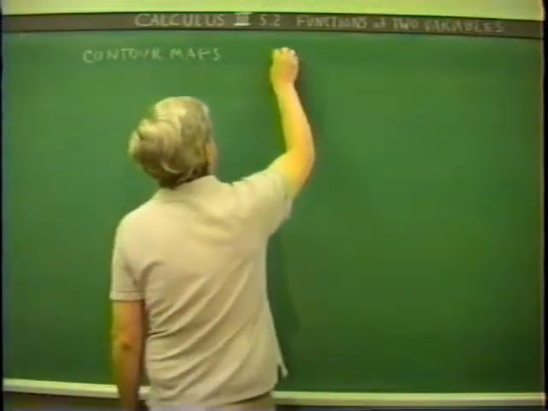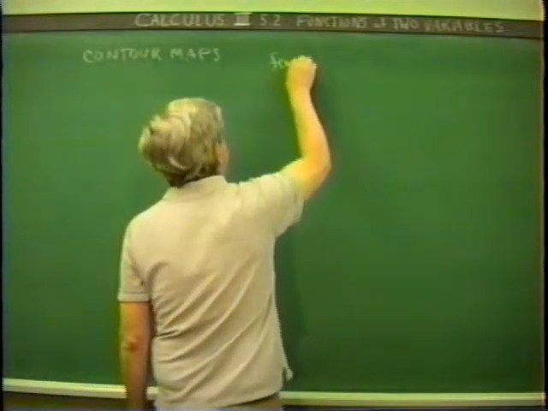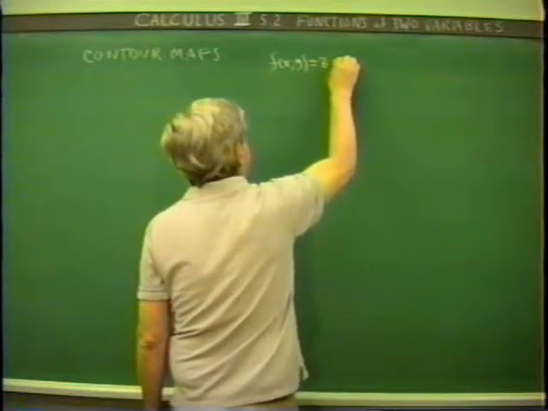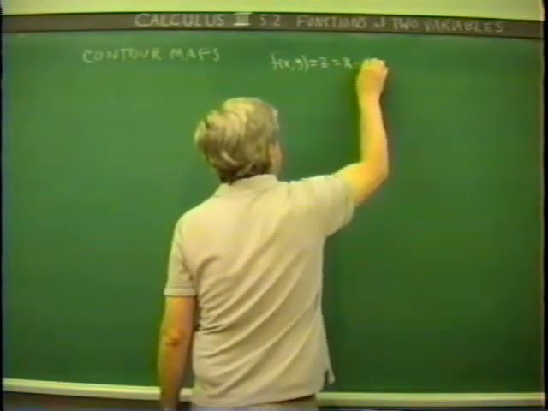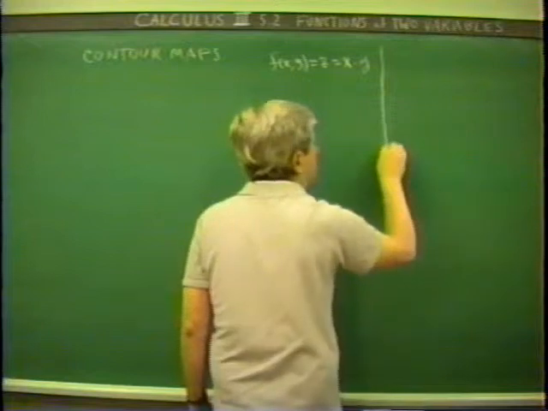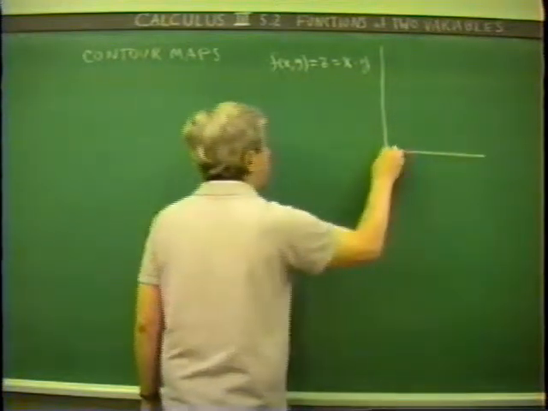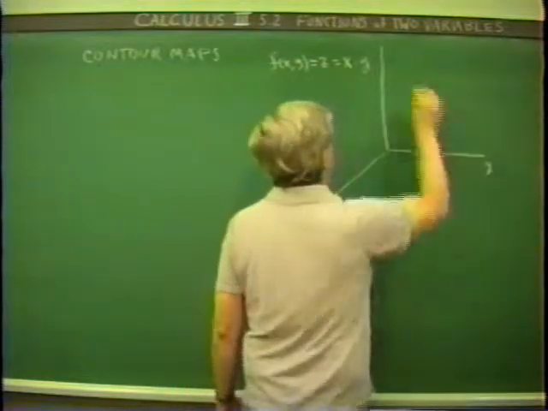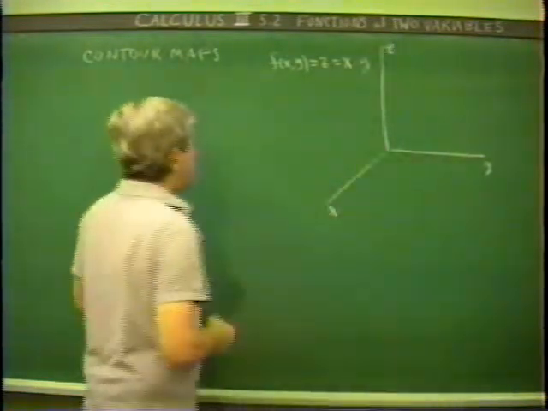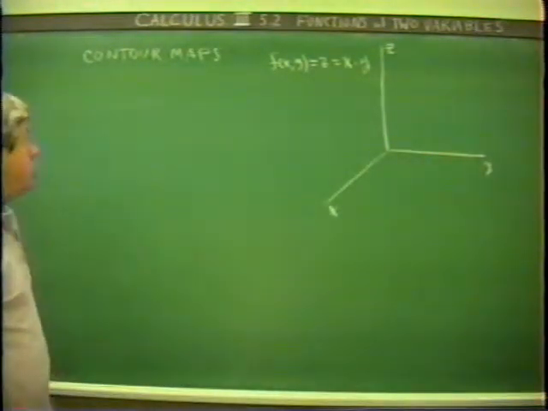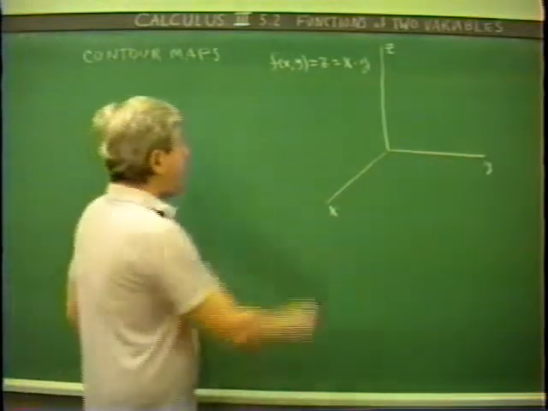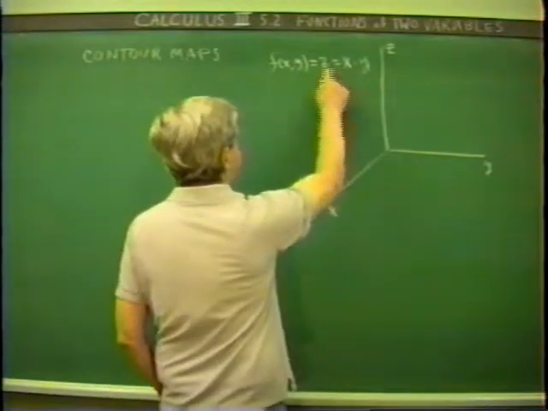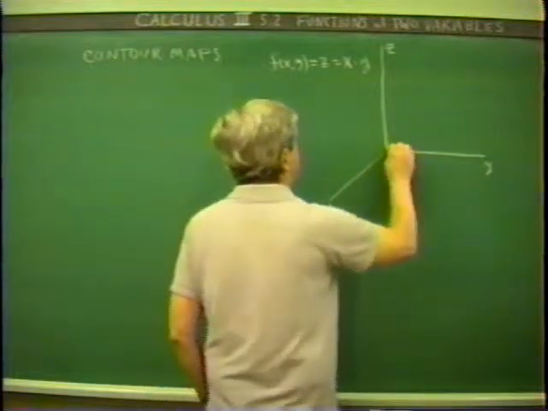Let's consider, for an example here, f of x and y equal to z, which is x times y. And suppose we wish to get the graph of this. And let's notice now, if we look for the traces in the xz plane when y is equal to 0, z is equal to 0.